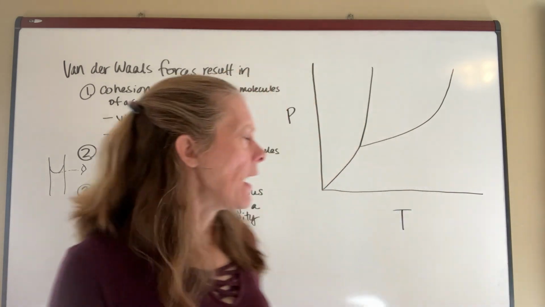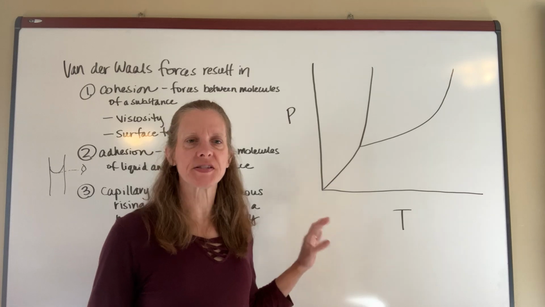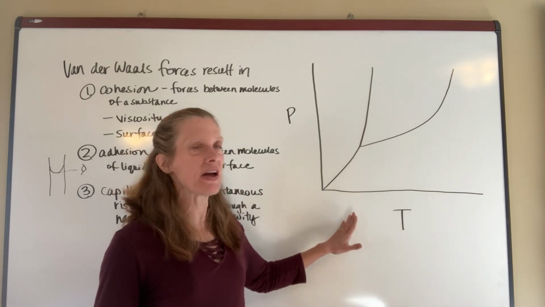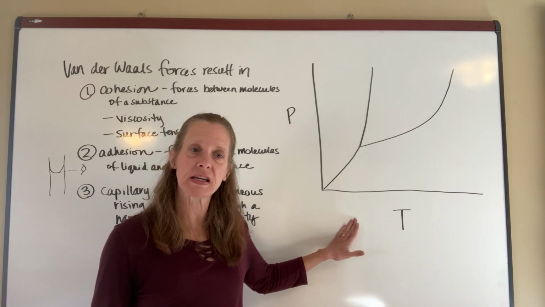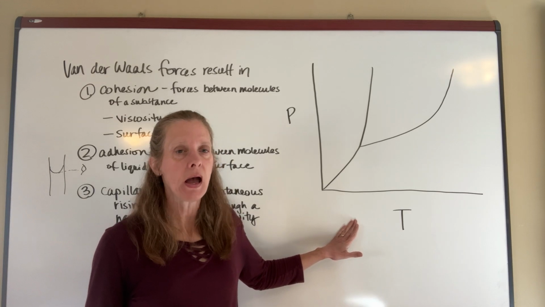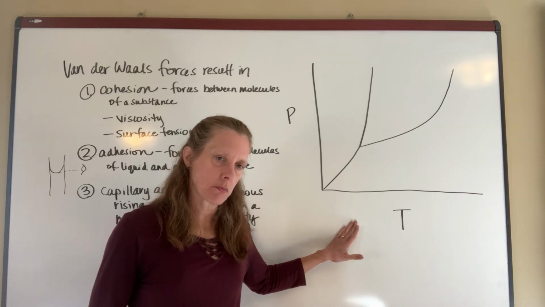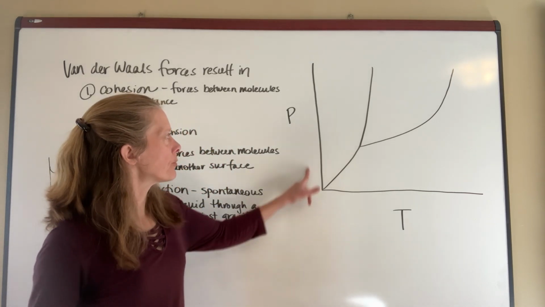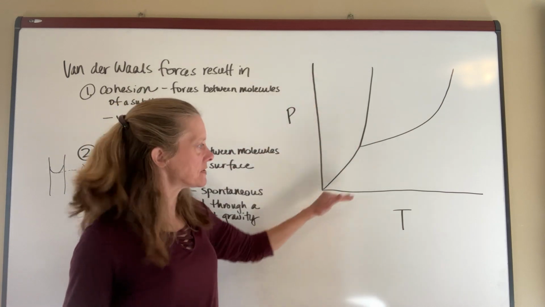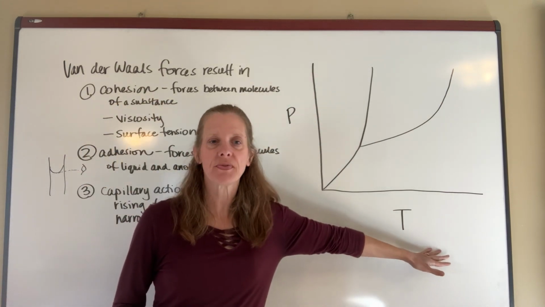All right. I want to talk about phase diagrams because it is absolutely crucial for you to understand how to read a phase diagram and how it works, okay? You're going to have a different phase diagram for every substance. We've got increasing pressure on the y-axis, increasing temperature on the x-axis.